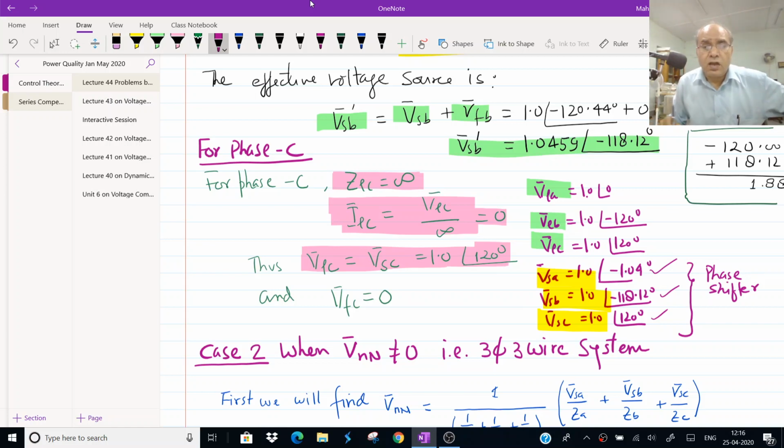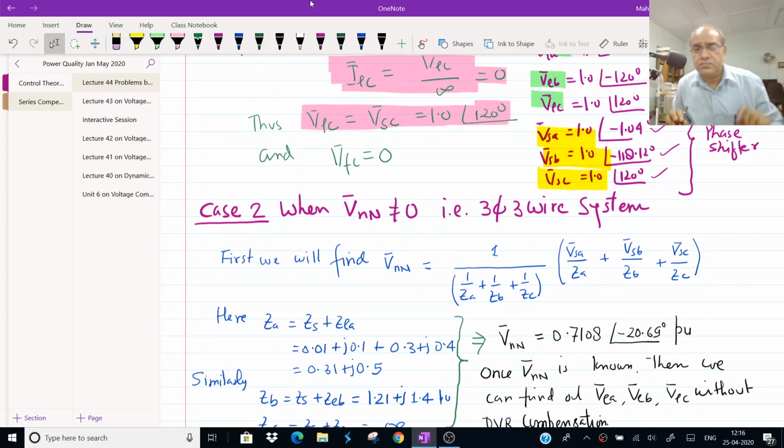Now coming to the second case, when this is a 3-phase 3-wire system, it actually makes an interesting problem, because the neutral is floating, and for such a system realizing the source voltages after specifying the load voltage becomes a very difficult task.